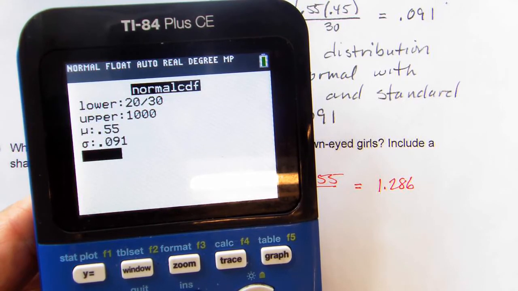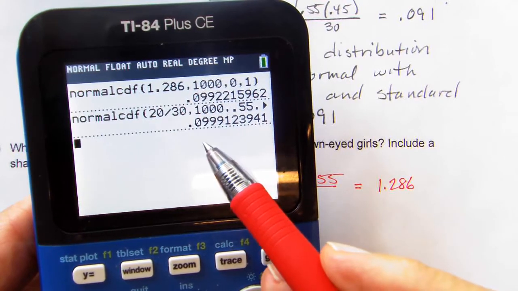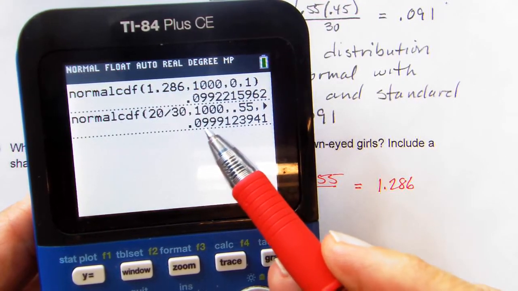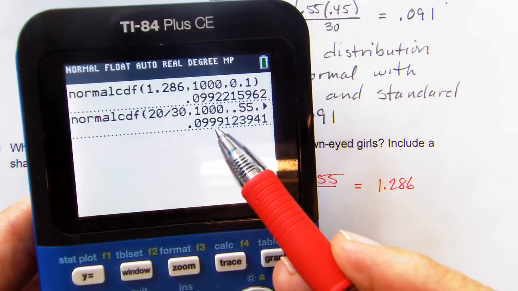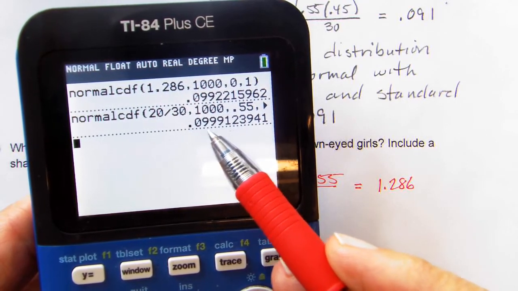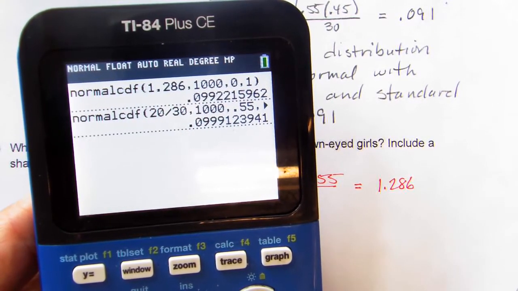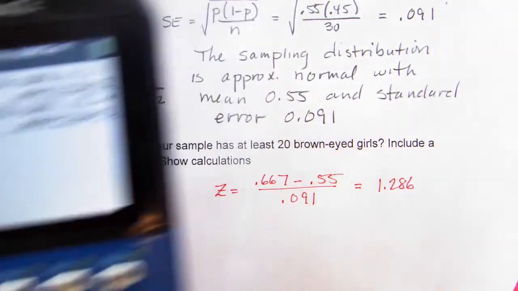And we'll see what this says here. And so once again, it gives you about 0.099, so probably a little more precise this time. So if I was to round it, maybe I call it about 10% or 9.9%, depending upon which of these you've used here.